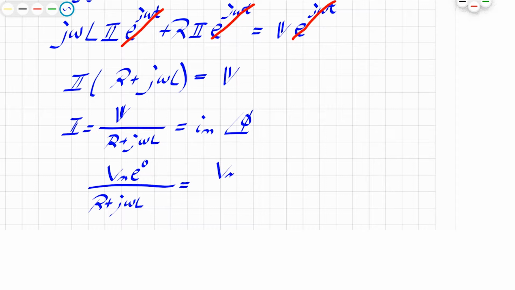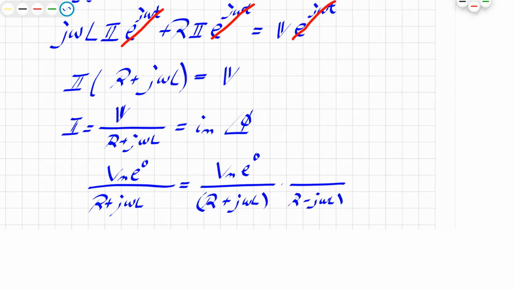We have V m, e to the 0, divided by r plus j omega L, and multiply by r minus j omega L. Now you can see we carry through the same thing.